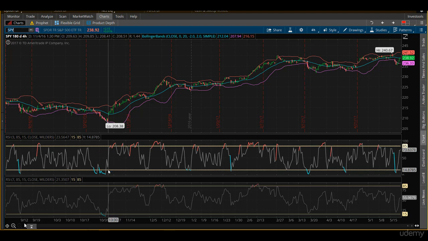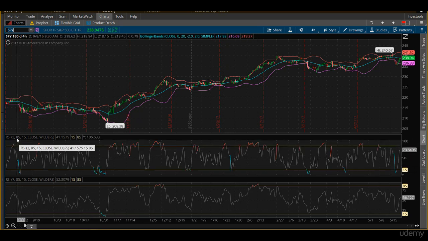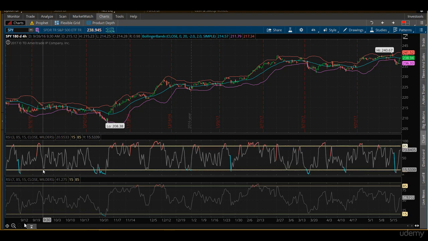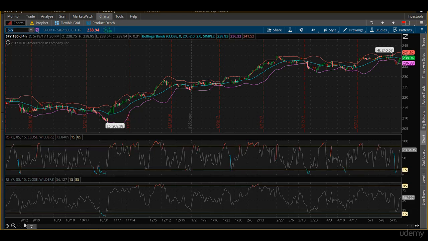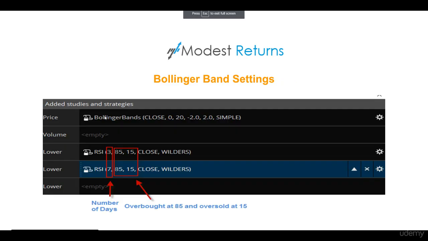In our case, I have actually modified it to make it a little extreme. If it goes to 85, it's considered overbought, and if it is going down to 15, I call it oversold. The reason why I put that is this will help me to eliminate whiplashes.